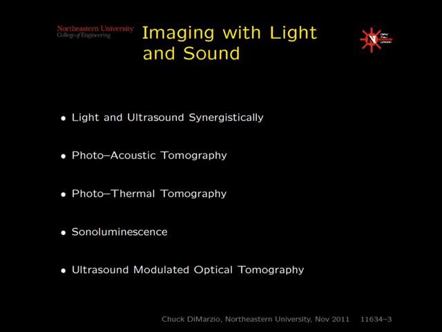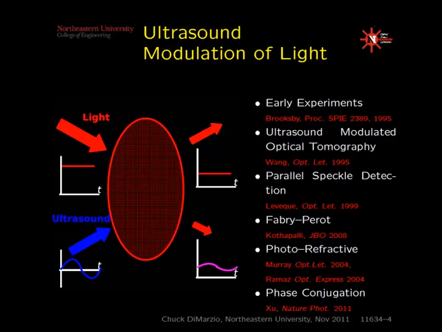And the topic of today's talk, ultrasound modulated optical tomography, where we modulate the light with ultrasound and detect the modulated light. So basically we put some light, possibly a CW laser beam, into our medium and some ultrasound. And at the output, most of the light that comes out will be unmodulated.